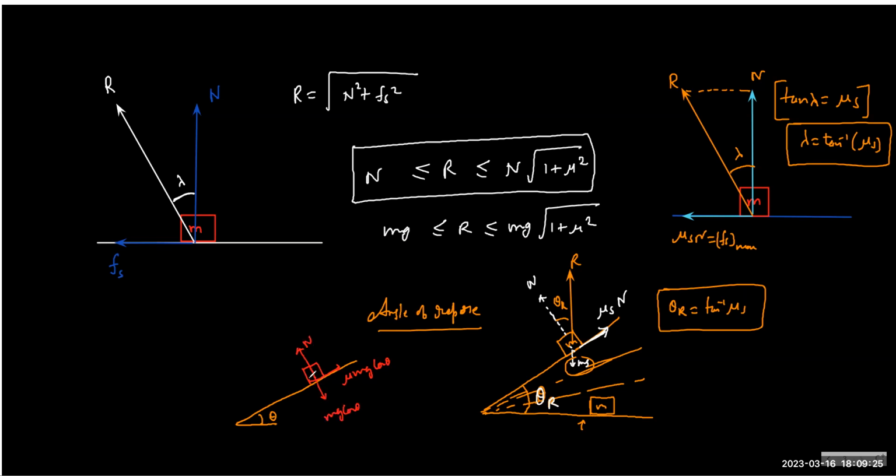Mg cos theta, and this is mg sin theta, and because this is the limiting case, at this angle they will become equal. So mg sin theta is equal to mu mg cos theta, and mg gets cancelled. So what do we get? Tan theta goes to mu s, right? And that's why this is called the repose angle.